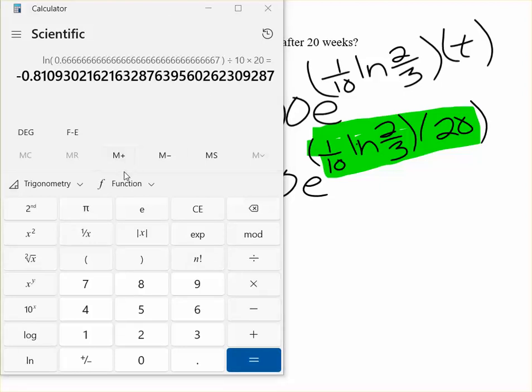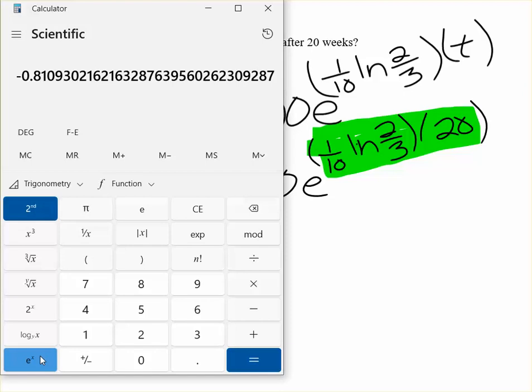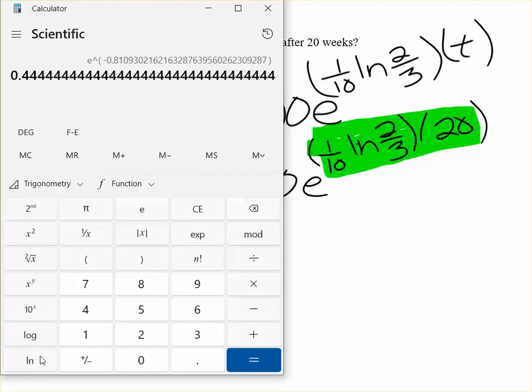So rather than rounding, I'm going to store this in my memory. Now on my calculator, to get e to that power, I'm going to use the second key. And actually mine will put e to that power when I hit this e to the x button.